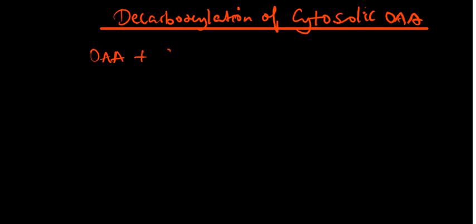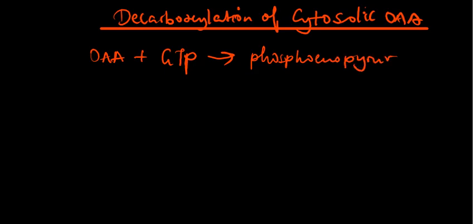This time we're going to use guanosine triphosphate. Once it's decarboxylated, it's then converted to phosphoenolpyruvate plus GDP, guanosine diphosphate, because remember the inorganic phosphate was removed and the carbon dioxide has now been retrieved.